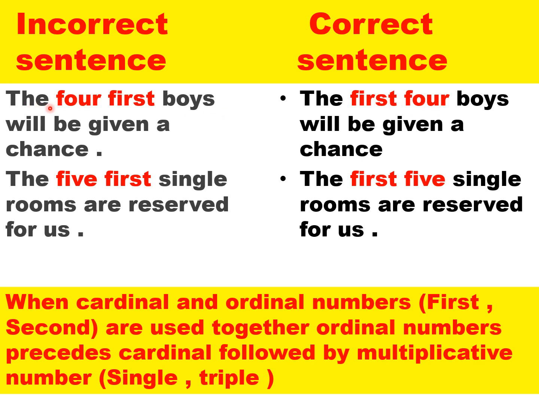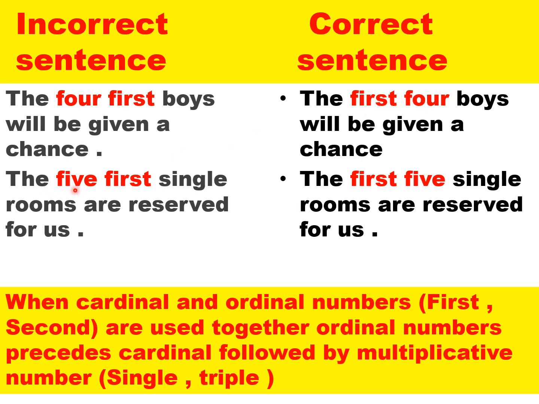See the example. The 4 first boys will be given a chance. Here, this is an error. We must change that. The first 4 boys will be given a chance. We must use ordinal numbers first, then cardinal numbers.